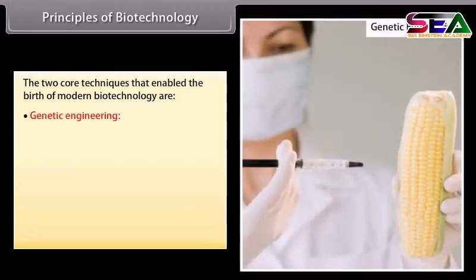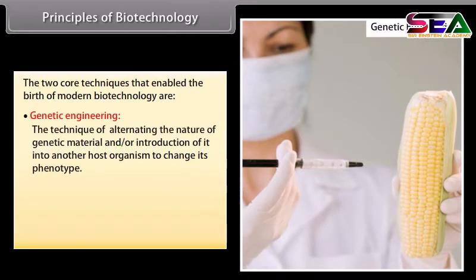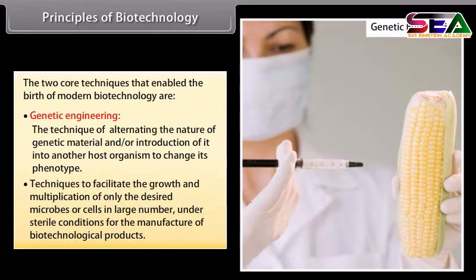The two core techniques that enabled the birth of modern biotechnology are genetic engineering, the technique of altering the nature of genetic material and/or introduction of it into another host organism to change its phenotype. The second is techniques to facilitate the growth and multiplication of only the desired microbes or cells in large number under sterile conditions for the manufacture of biotechnological products.